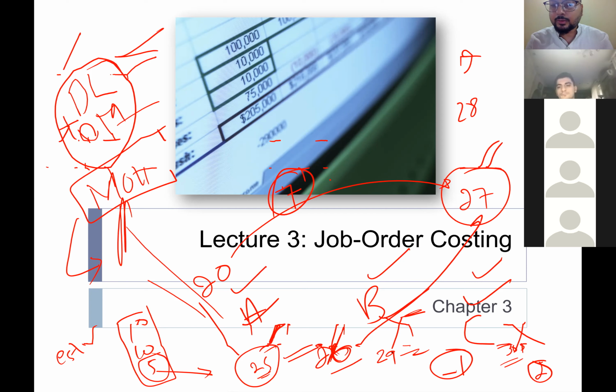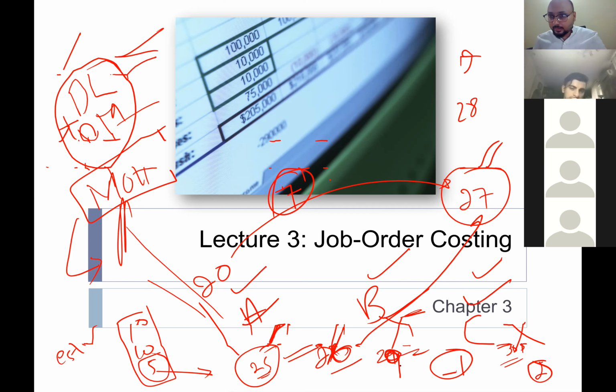Actually, their cost was 20. But they used a different formula or something, their estimation was wrong, and their cost jumped to 29. So they missed that order that could have given them a huge profit. So you need to be very careful regarding that one.